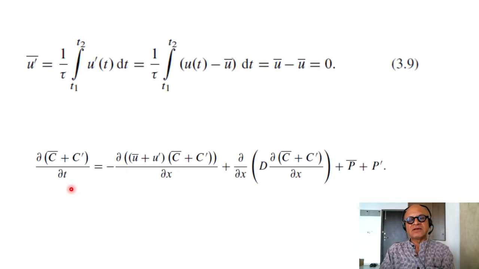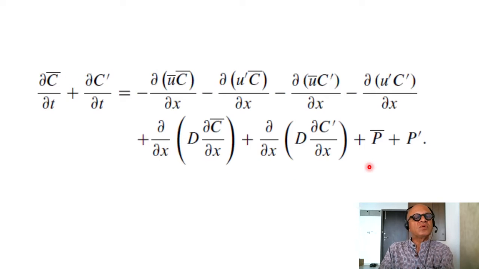We looked at the advective diffusive equation, d/dt of c(t), where c is c bar plus c prime, and we had d(uc)/dx, so again you write u as u bar plus u prime, c bar plus c prime, and then the diffusion operator was d/dx of D d/dx c, where c is again c bar plus c prime. Then we had the source sink term, which also can have an eddy component.